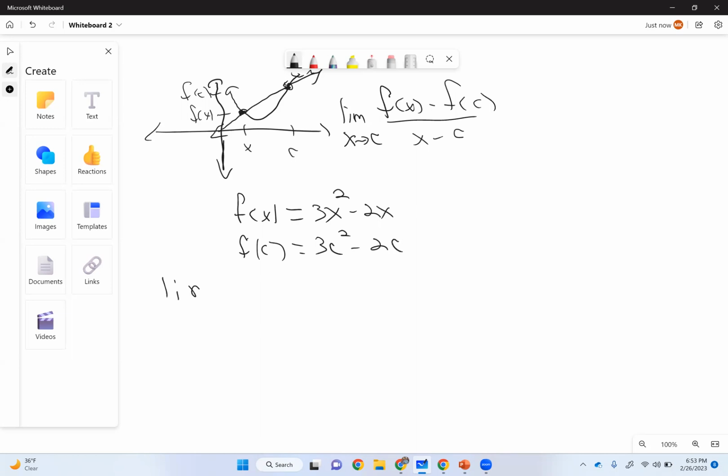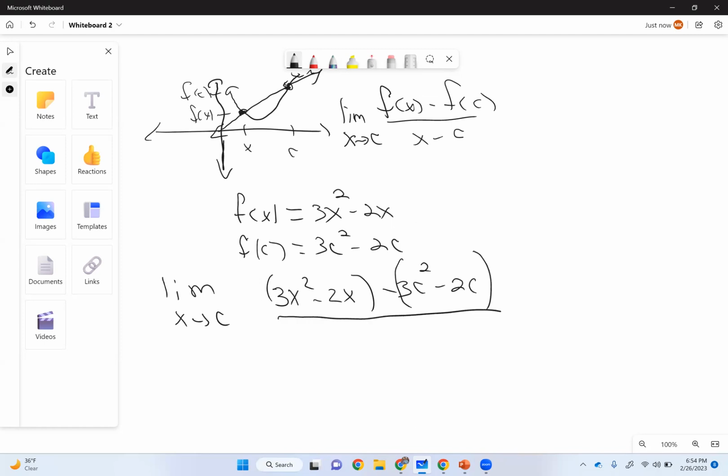So using the definition for the functional derivative, it's the limit as x approaches C of, and again, this is just a version of the slope formula, f of X is 3x squared minus 2x, minus f of C is right here, 3c squared minus 2c, all over x minus c.